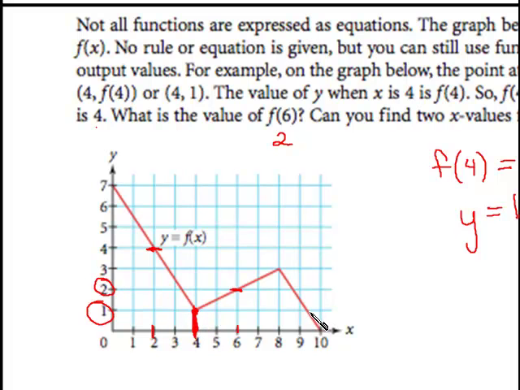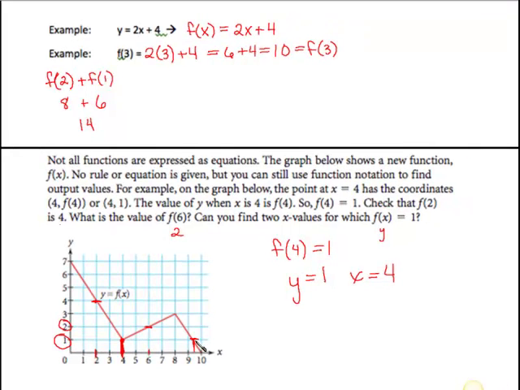And when x is maybe 9.4, 9.3, f of x is 1. Okay, so we could write that as f of 4, or f of, we could estimate 9.3 or 9.4. Both of those equal 1. All right, and if that's confusing, we'll go over it in class again as well.